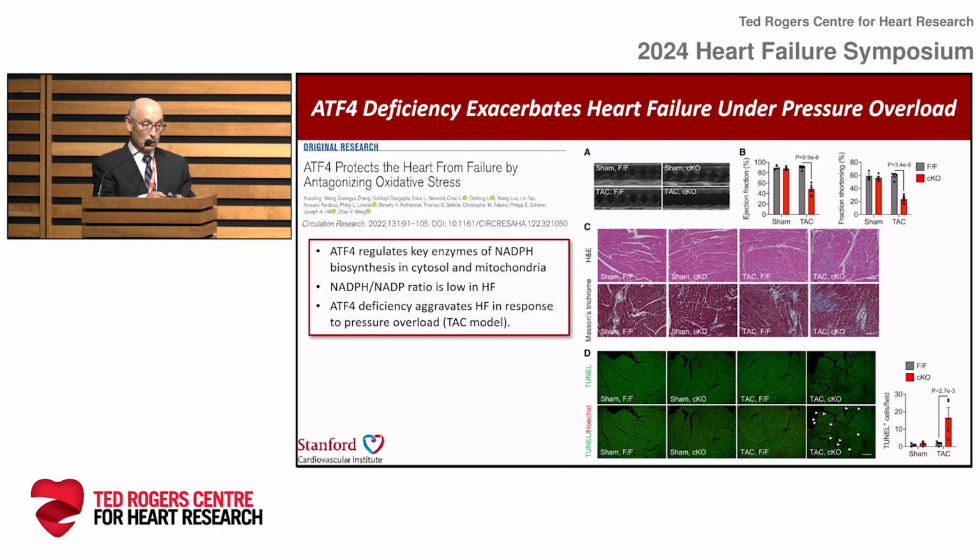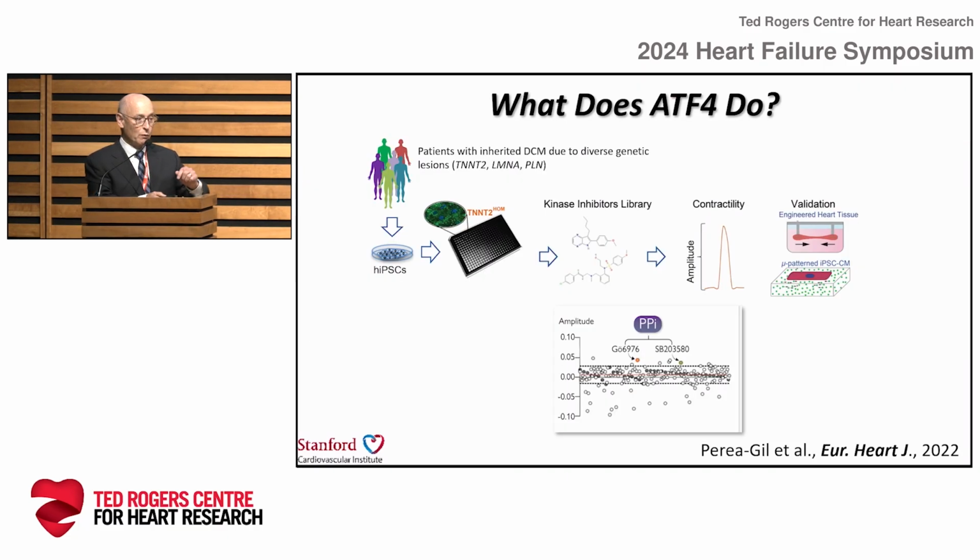So we thought we were really onto something with ATF4, and what we wanted to understand was a little more about what ATF4 is doing that's relevant for this disease. So at the time, we were conducting a large-scale chemical biology screen. We were probing all sorts of kinase inhibitors and phosphatase inhibitors, trying to map pathways that would be beneficial for this disease.